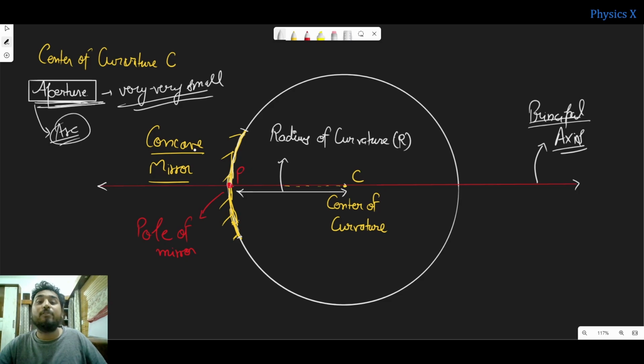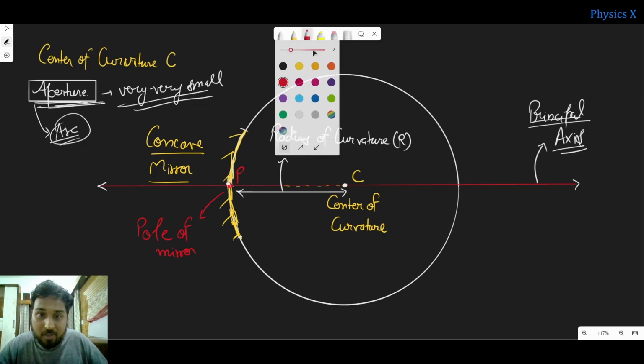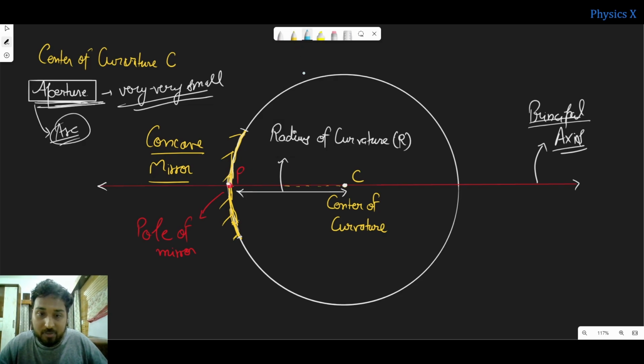Okay. So if the aperture is very small, then the midpoint between the pole and the center of curvature, let us use a different color, suppose this is the middle point, and then this distance and this distance.